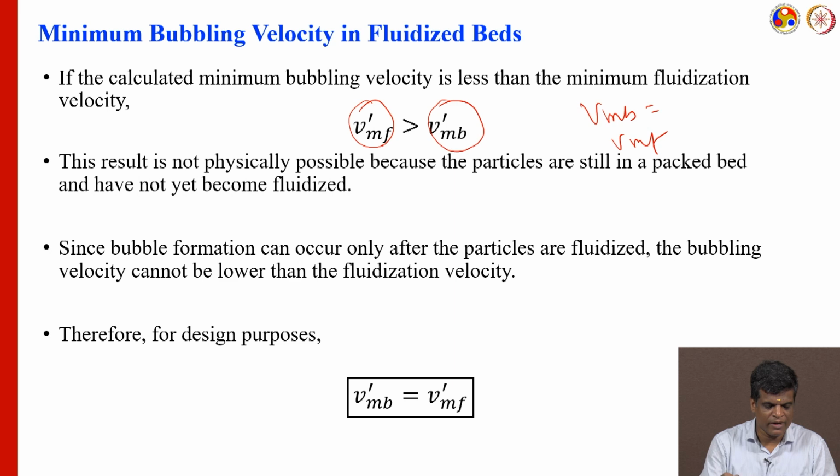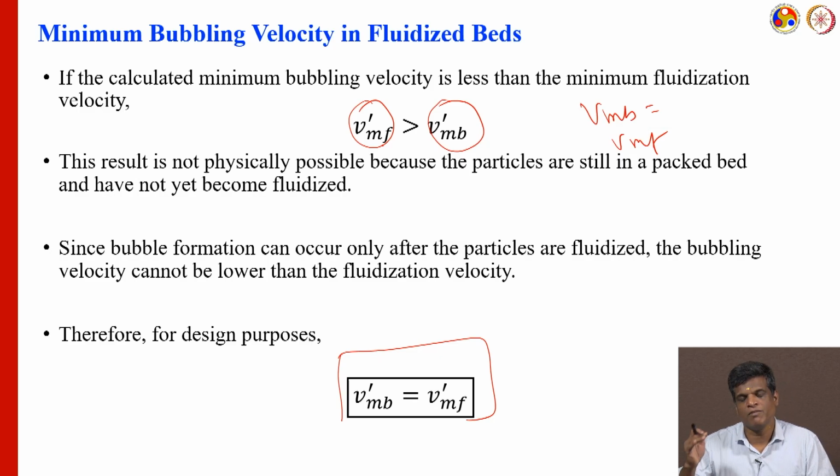Sometimes for design purposes it may be equal, but never less than the minimum fluidization velocity. That is very important, and that is the message I want to give here: the minimum bubbling velocity is always higher than the minimum fluidization velocity.